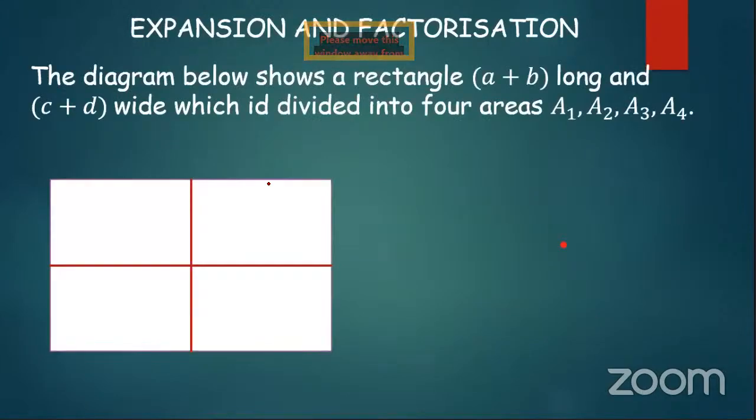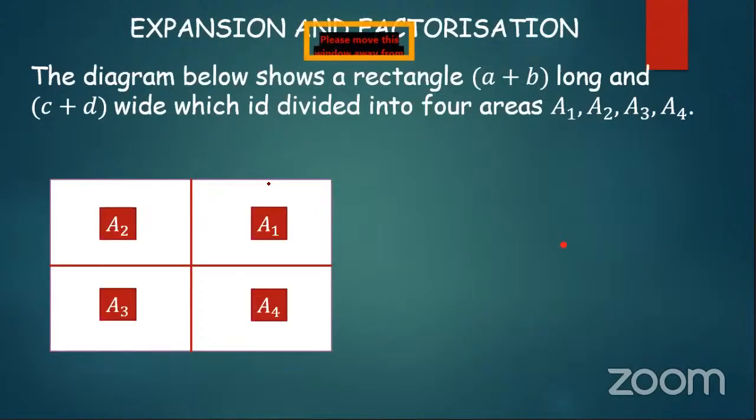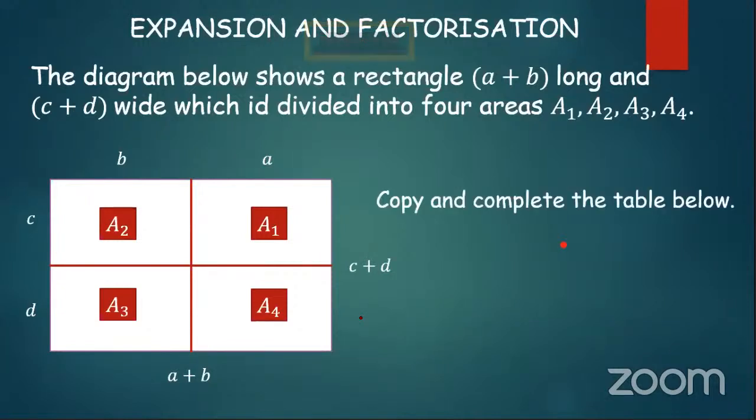Then we also have this: the diagram below shows a rectangle of length A plus B and width C plus D, which is divided into 4 areas. So we have area 1, area 2, area 3, and area 4. When we want the total length, it will be A plus B, and the total width will be C plus D. Copy and complete the table below.